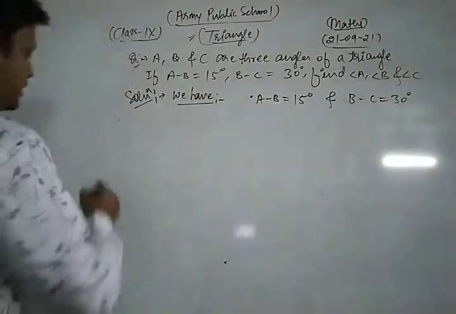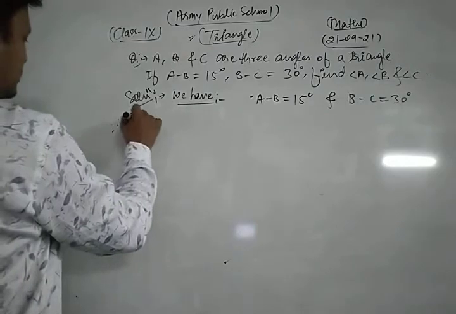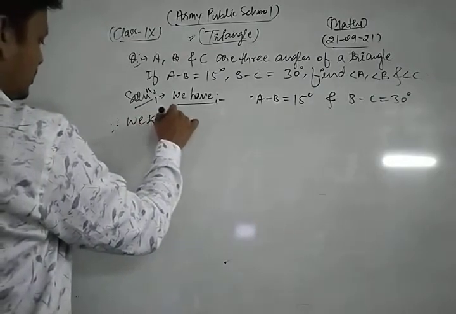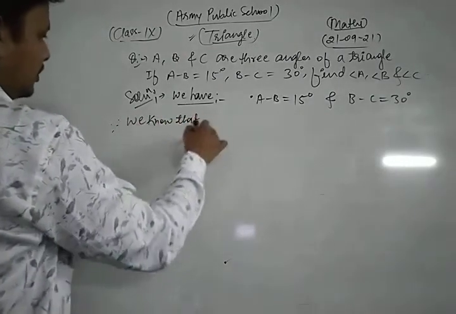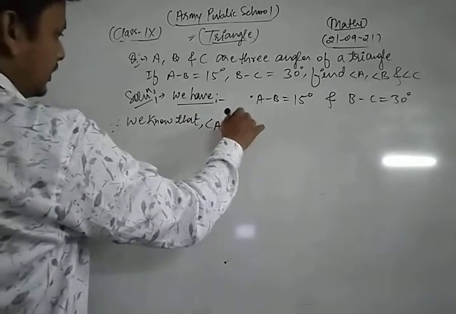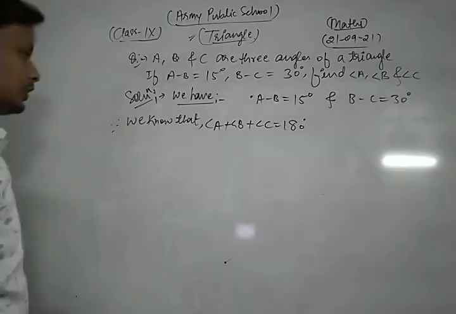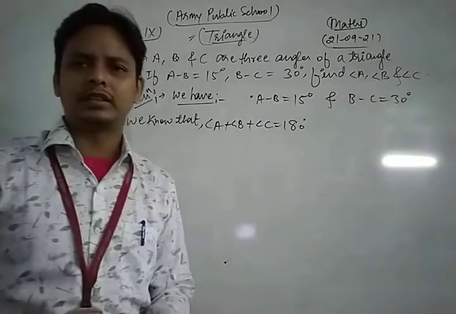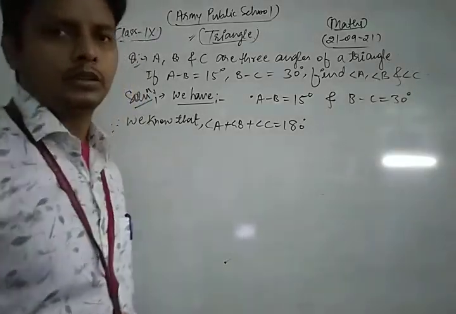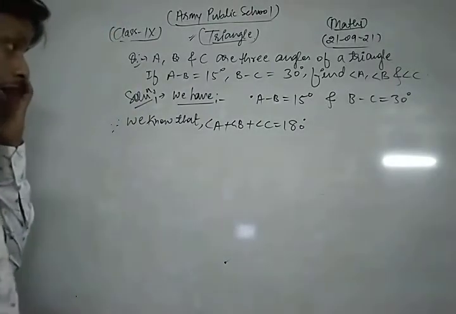Now look, since we know that the sum of all angles, angle A plus angle B plus angle C, is equal to 180 degrees. The sum of all three angles of a triangle is 180 degrees.